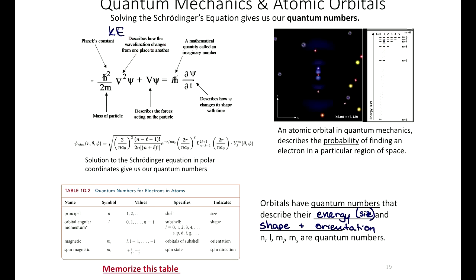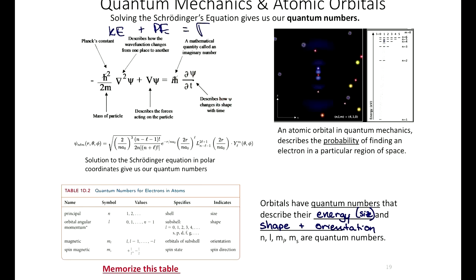This is very much like kinetic energy, 1/2 mv squared, mass times velocity squared. So here we have this kinetic energy term. We're adding it to a term that describes forces acting on a particle. This is potential energy, and it equals how the wave function changes with shape and time.